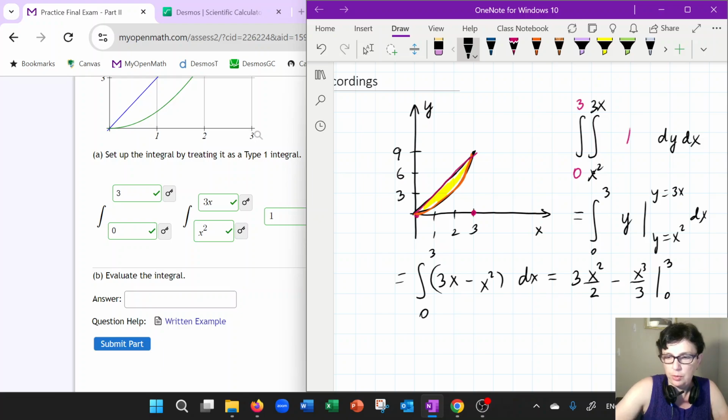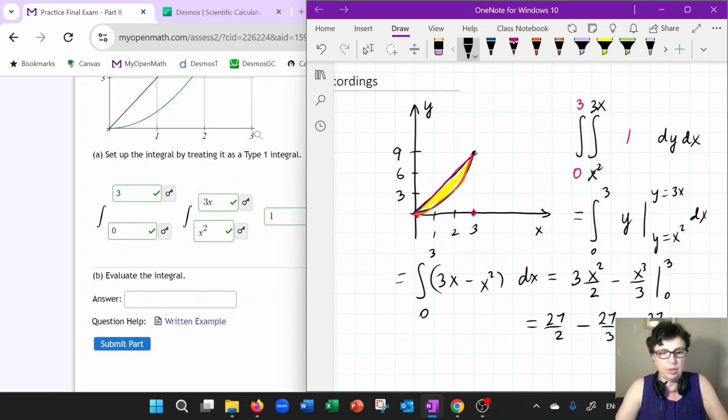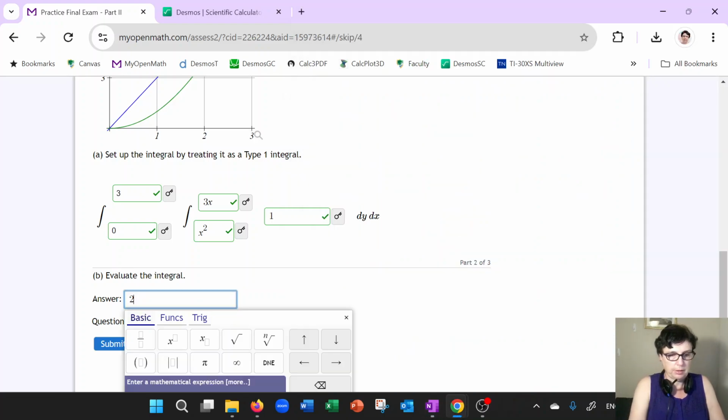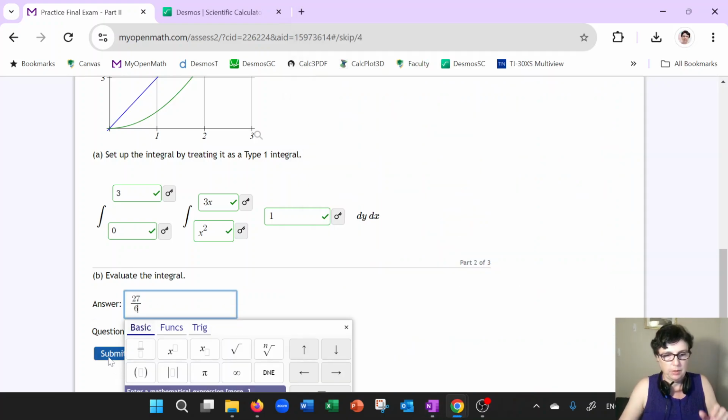I substitute 0, 3. This will become 27 halves minus 3 cubed is also 27 thirds. So that will be 27 over 6. You can check that on a calculator if you do not believe me.